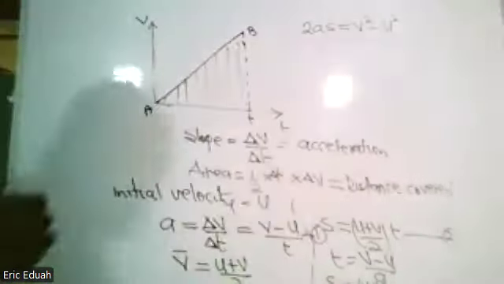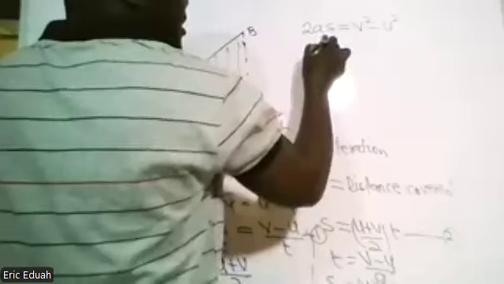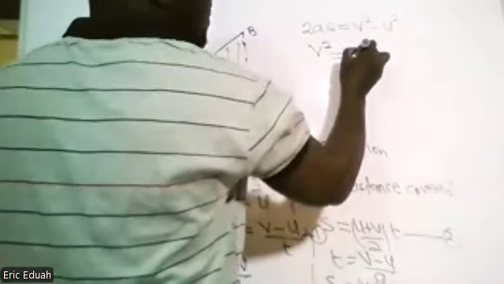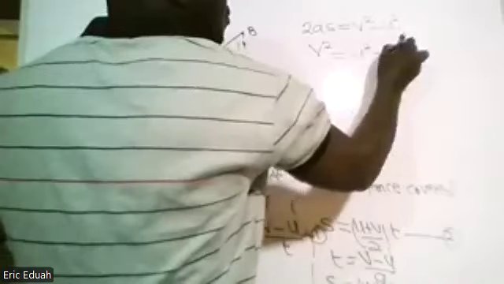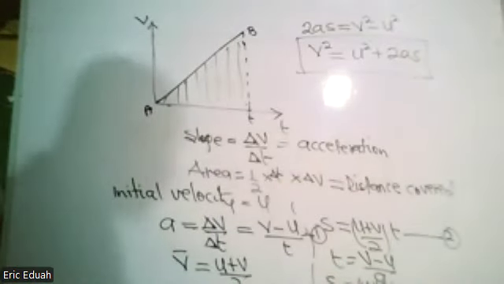And to prove what you were asked to determine, v squared will be equal to u squared plus 2as, as demanded. So this is what you were asked to derive, and we have done that so well.